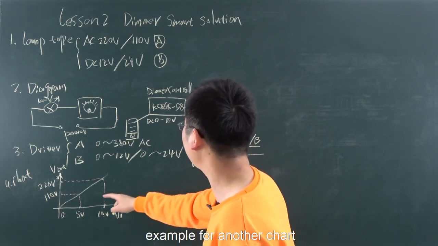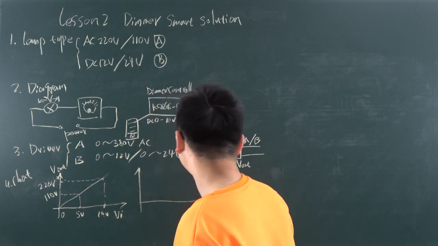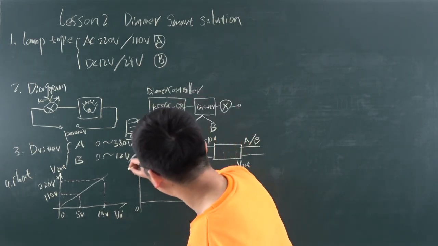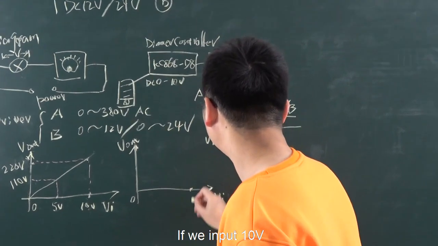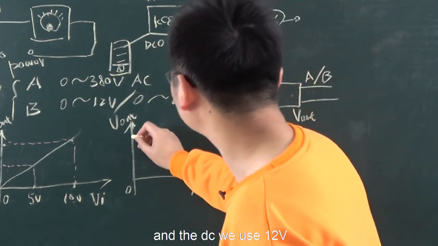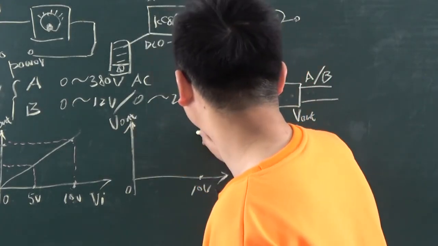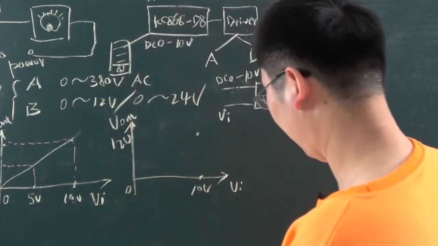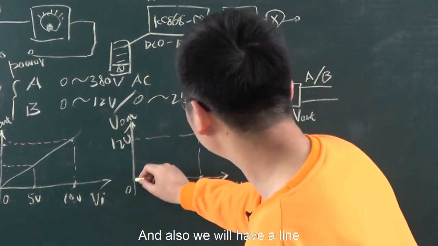Also we can take another chart as an example. Now the voltage we use is DC. If we input 10 voltage and the DC we use is 12 voltage, this is the point, and we also have a line.